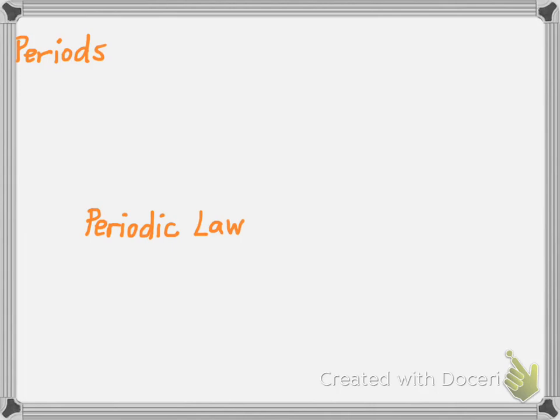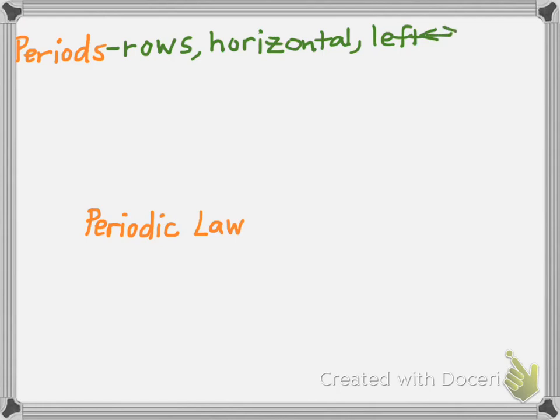So, part of the structure of the periodic table, though, is that the elements are organized into periods. The periods are the rows that go horizontal. Right? So they're kind of the left to right.